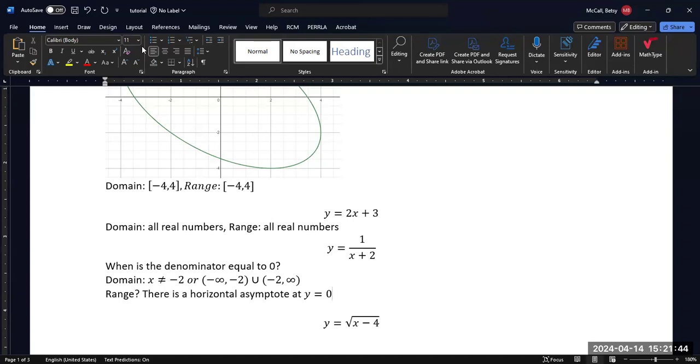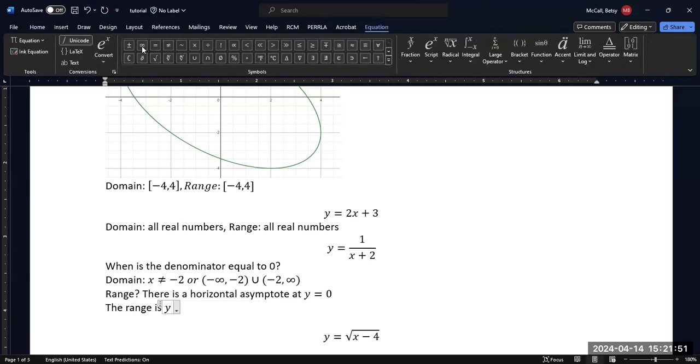It approaches y equals 0, but it doesn't cross it. So here, the range is y not equal to 0, or in interval notation, -infinity to 0, union 0 to infinity.